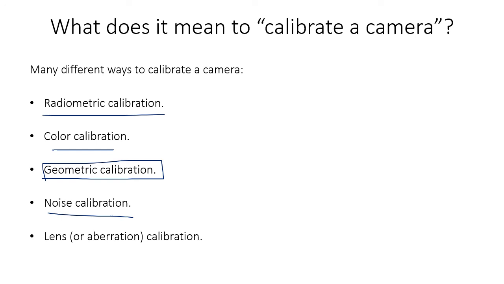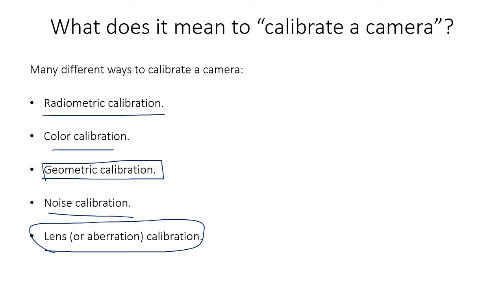Also, today we learned about radial distortion. It is one of the geometric calibration steps, but there are other calibration steps too. So if you want to know more details, let me know. I will also give you other related references on geometric calibration.